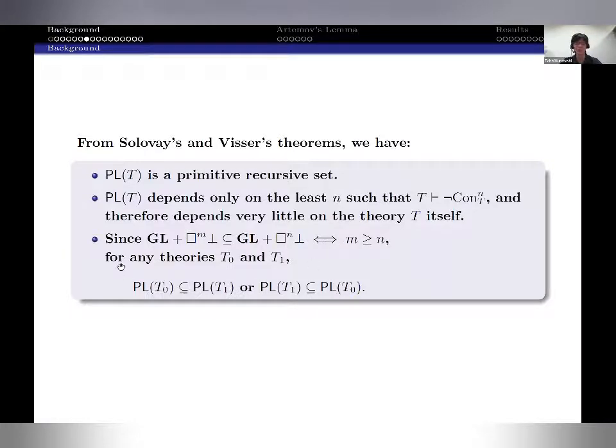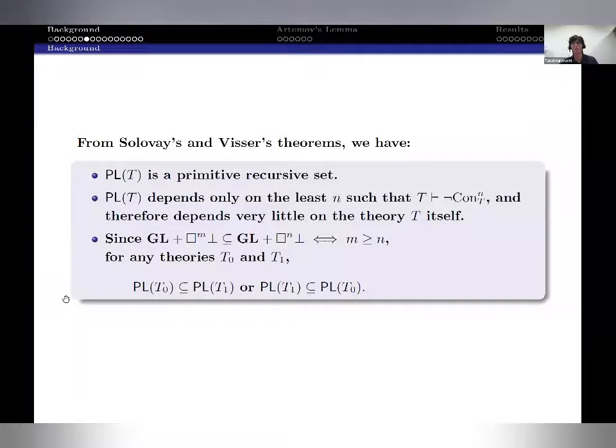That is, for any theories T0 and T1, PL of T0 is included in PL of T1, or PL of T1 is included in PL of T0.